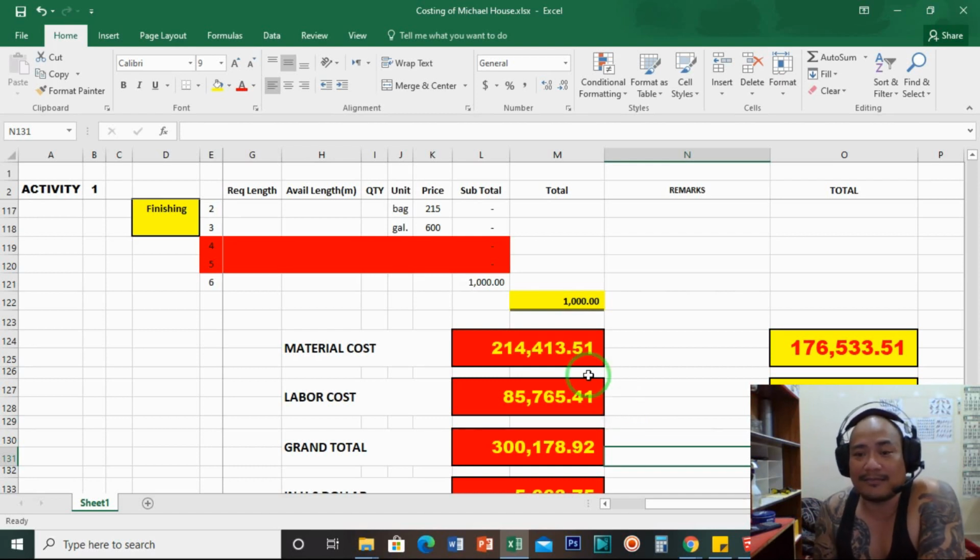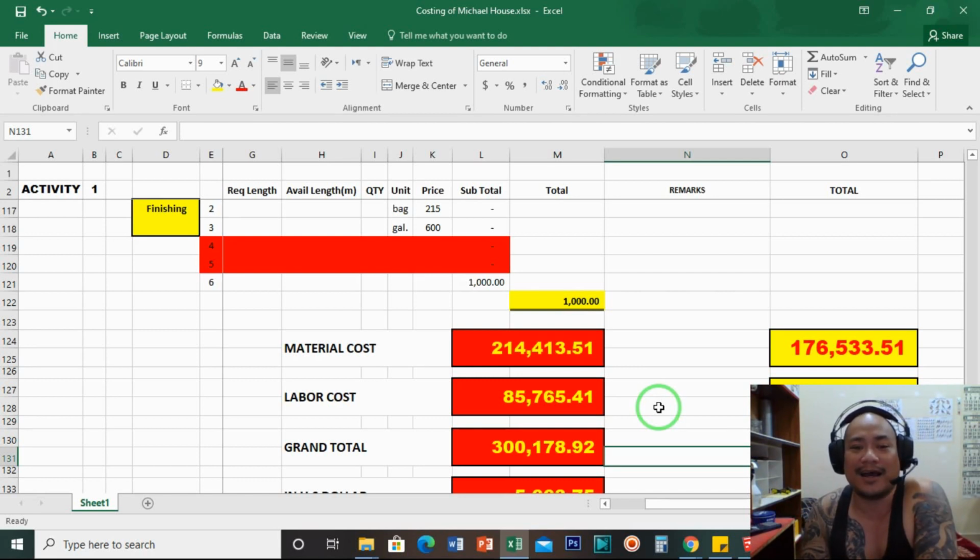Once again, my friend, for those who didn't know, the labor cost is 40% of the material cost, and that is depending on the place where you are building your house.